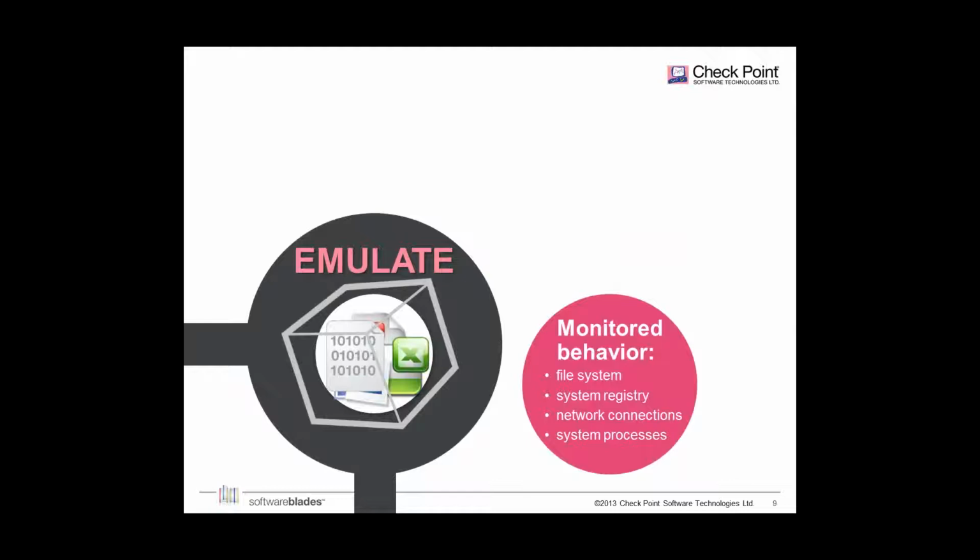So stuff that we know a file has no genuine reason to do. The great thing here is because we are watching it, we're looking at it, the false positive rate is next to nothing. In fact, we actually went as far as saying we don't get false positives. Because we can see what the software is doing, we can see what the application is doing, we can see what the file is connecting to, we are in complete control of that.